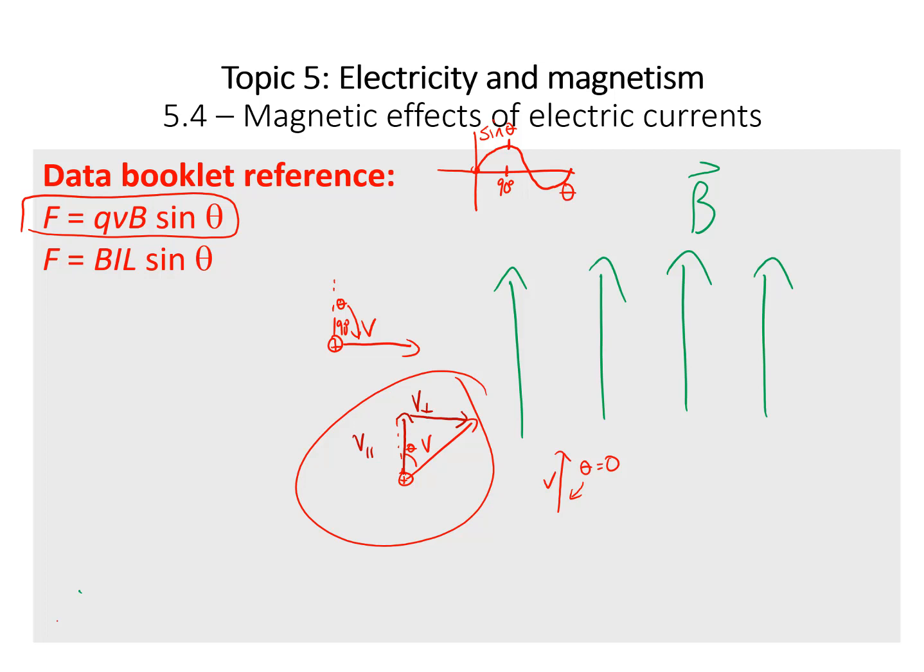The parallel component of the velocity is unaffected by the magnetic field. But the perpendicular component is going to experience that force. This perpendicular component is going to be v sine theta. So that's basically it. There's the magnitude of our magnetic force.